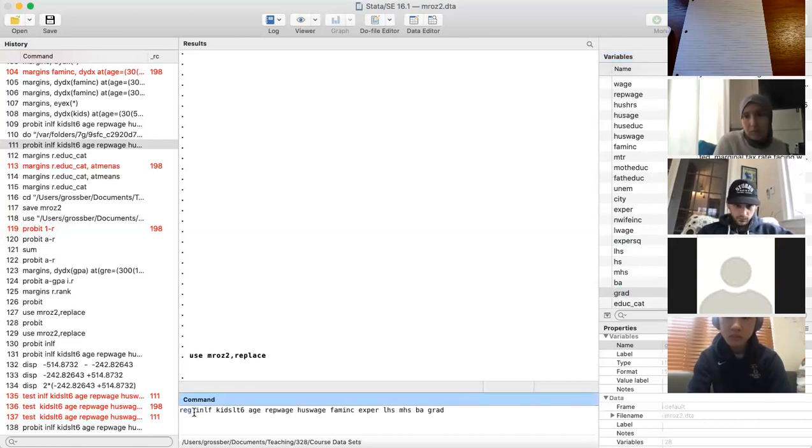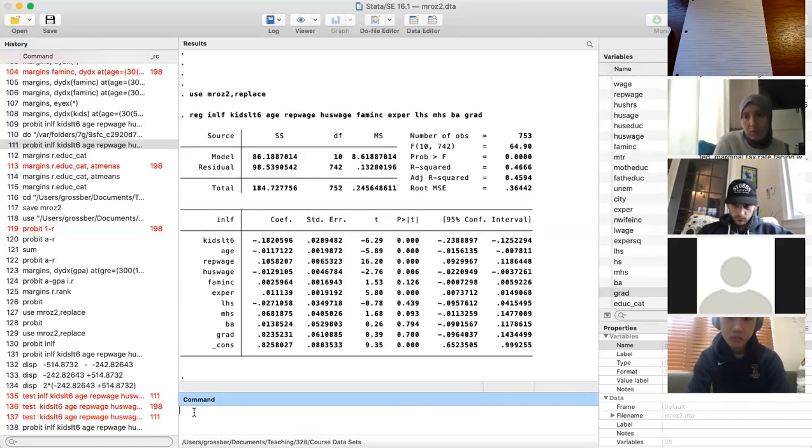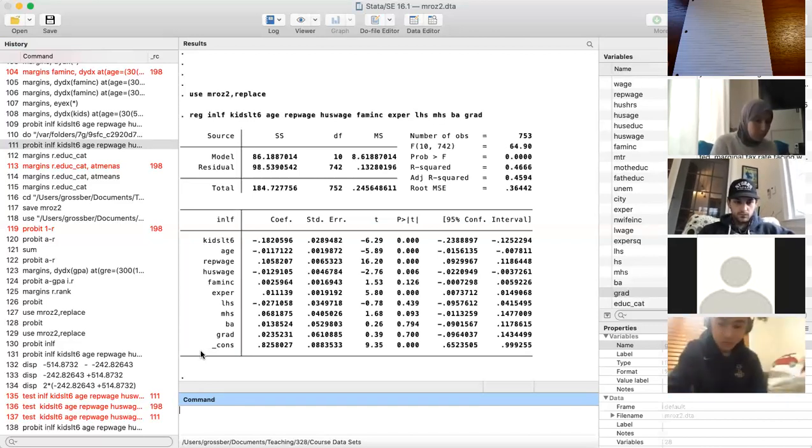And I just want to do an ordinary least squares regression to start. So that's OLS. Okay, you with me? So here's an OLS regression, and there's nothing particularly unusual about it.